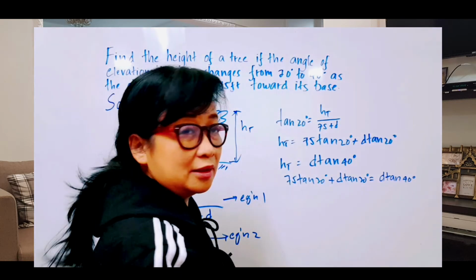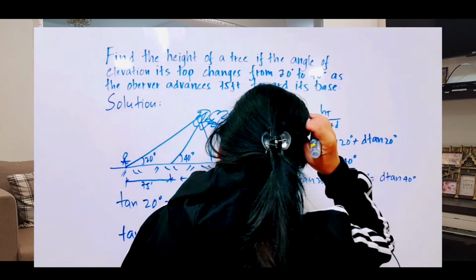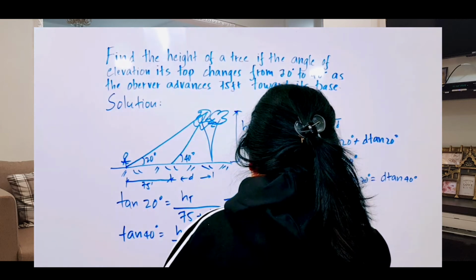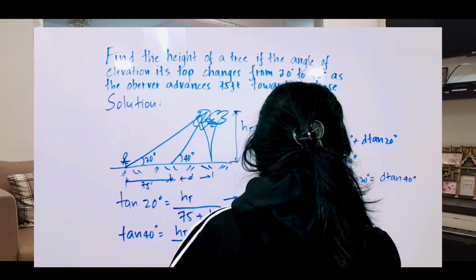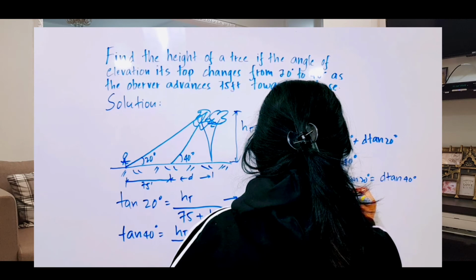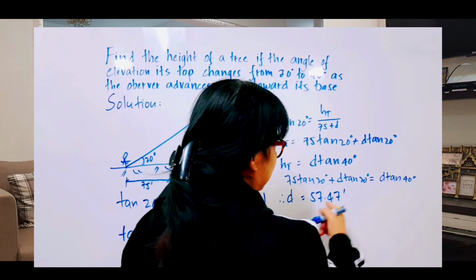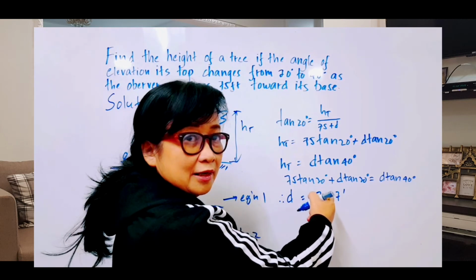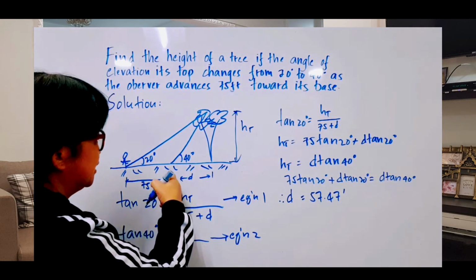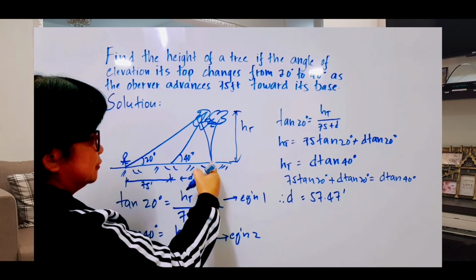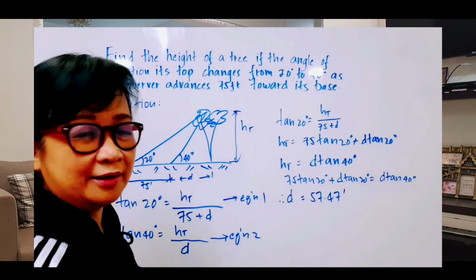So, simplifying this one, from this equation, after solving it using the scientific calculator, the distance from this point to the base of the tree, D, is equal to 57.47 feet.